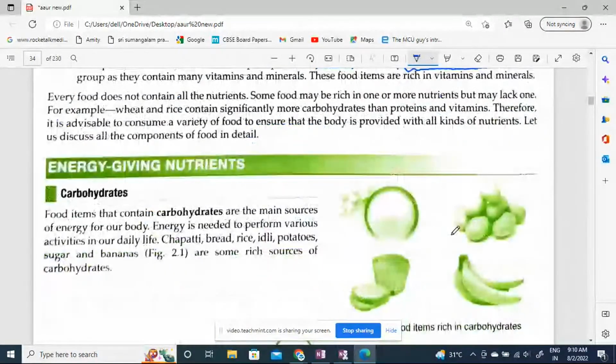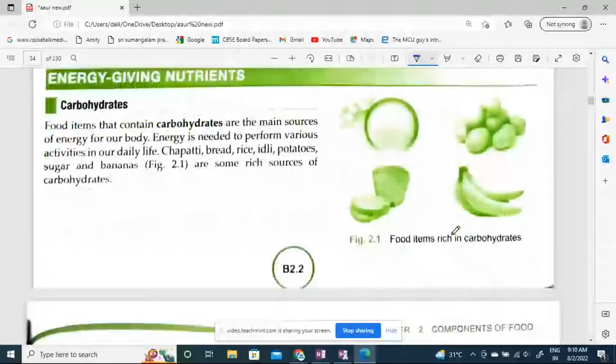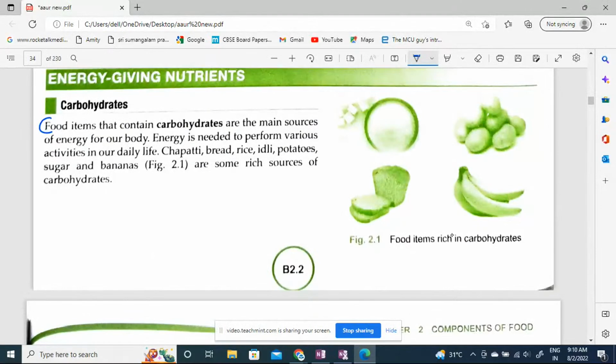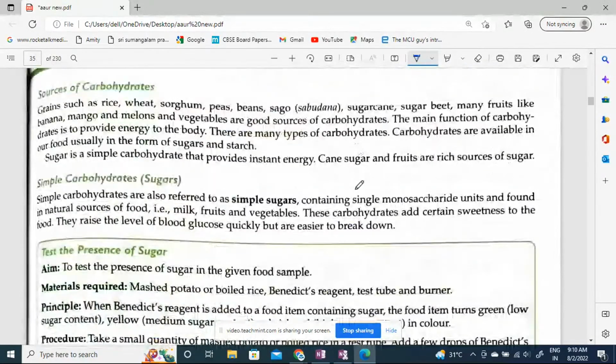Now in detail we have to study carbohydrates, etc. So number one, energy giving foods. What is carbohydrate? The food items that contain carbohydrates are the main sources of energy. And sources of carbohydrate. There are two questions which can be created over here.